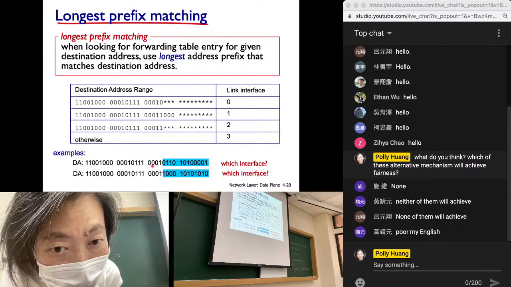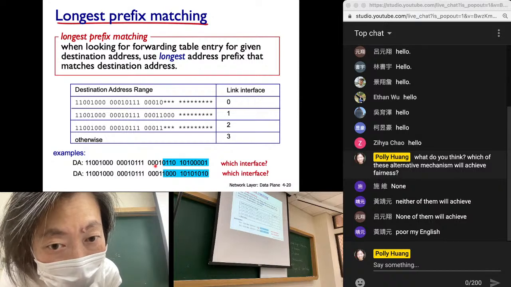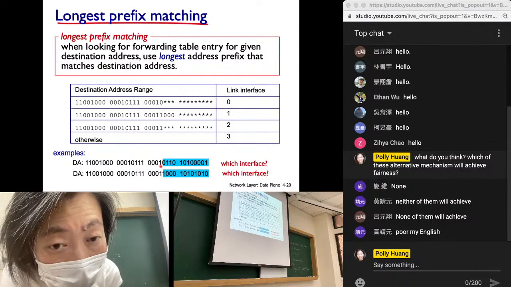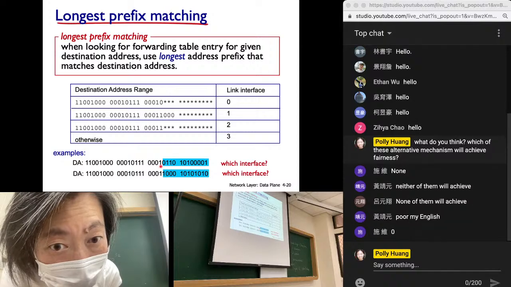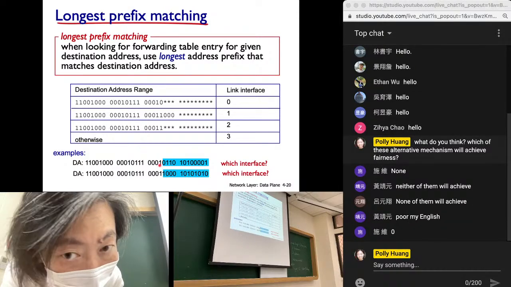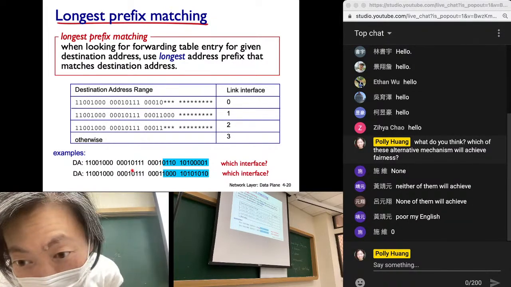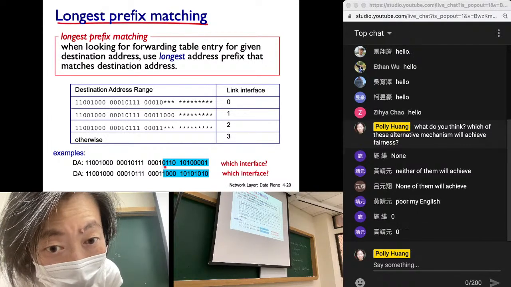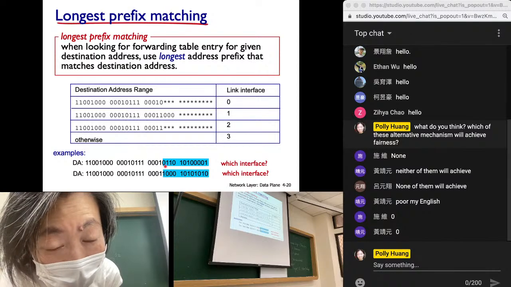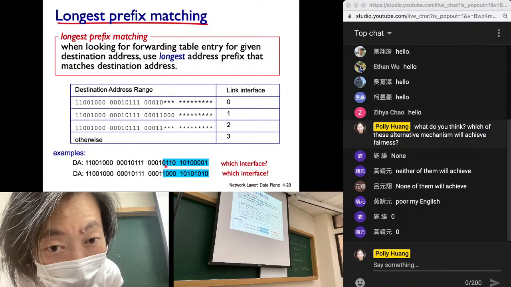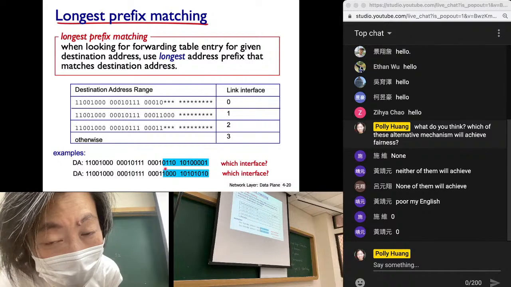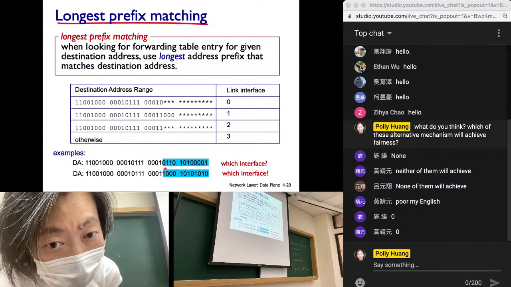Oh, it does, right? 00010. Nice. Does it match range number 2, prefix number 2? Shiwei is already saying, yeah, going to link interface 0. Because it doesn't match prefix 2 either, right? It doesn't match prefix 3 either. So obviously, we go to link interface 0.